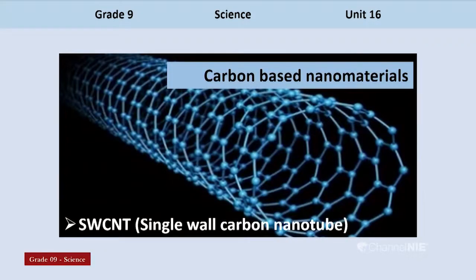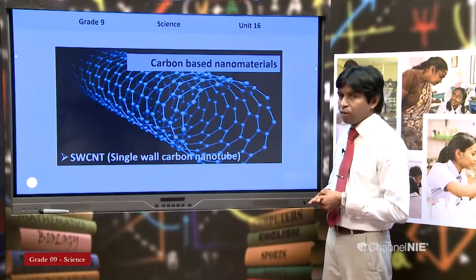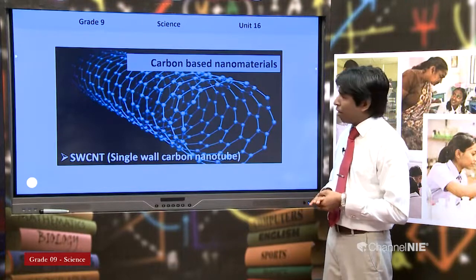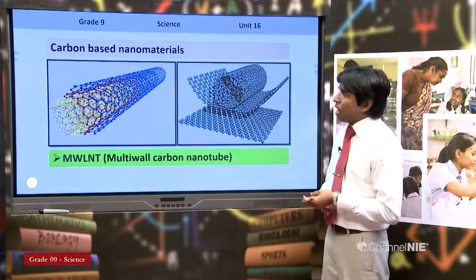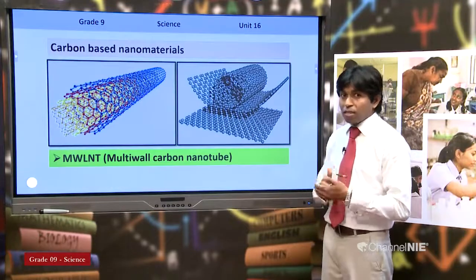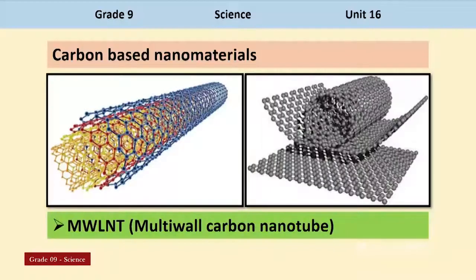If you roll only one layer, we call it a single wall carbon nanotube, SWCNT. These carbon nanotubes are widely used in water purification because of their nanoscale diameter. If you roll several layers of graphene, we call it a multi-wall carbon nanotube, MWCNT.